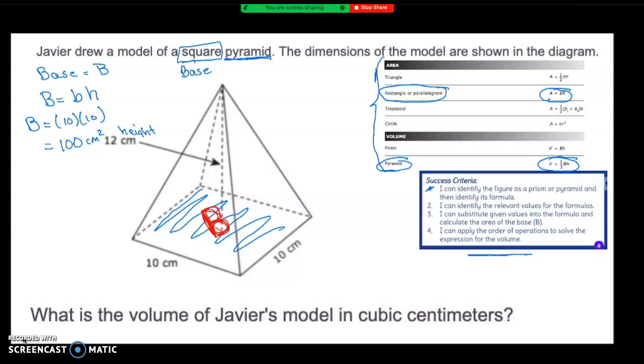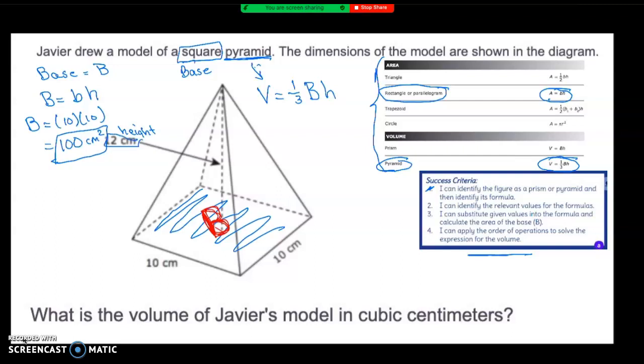Okay, all right, so now I'm going to go back to my pyramid over here, the model, and I know that I'm looking for the volume. So the volume is equal to 1/3 capital B times H. Well, I've already solved for capital B right here, and I know that my height is 12.